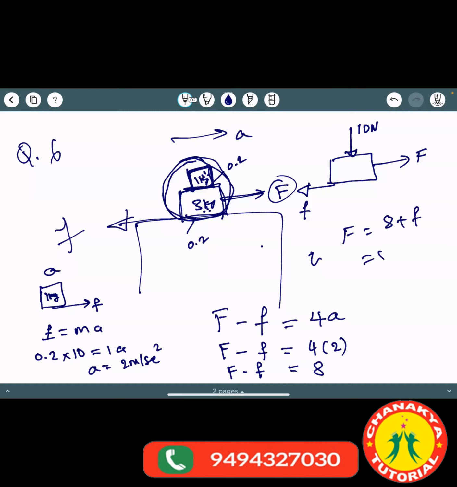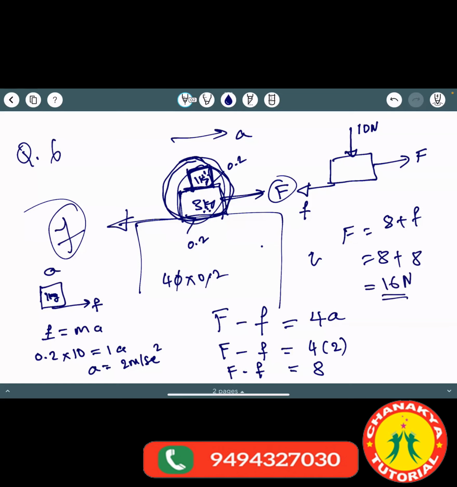So 8 plus f, how much will f be, guys? It will be this 4 kg sum, 4 into g, that is 40 into 0.2, which is 8. That will be 16 Newton.